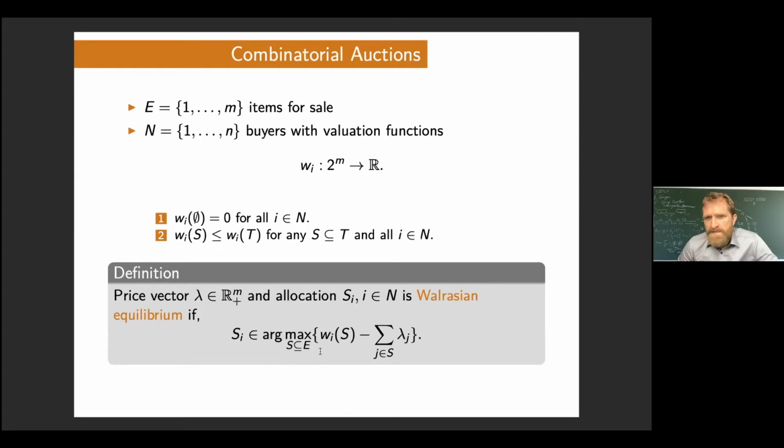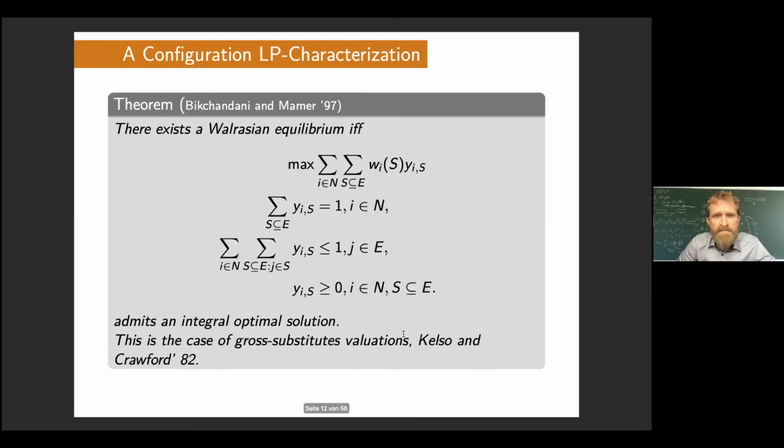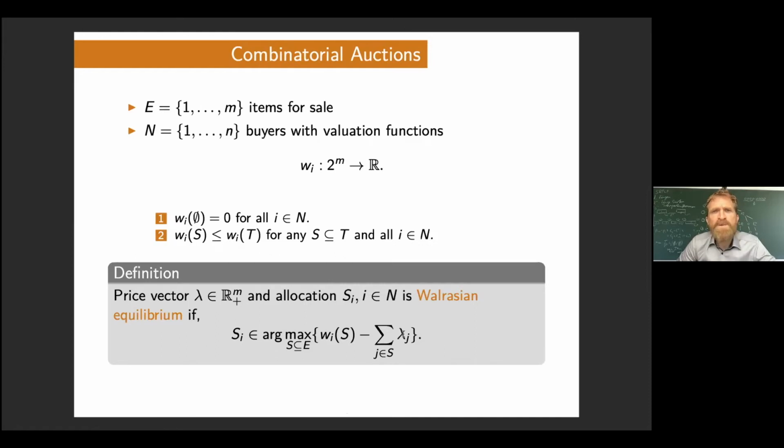The utility is my value of the item set minus what I need to pay, and I need to pay per item a price that the auctioneer has determined. So the question here again is: under which conditions do these Walrasian equilibria exist?